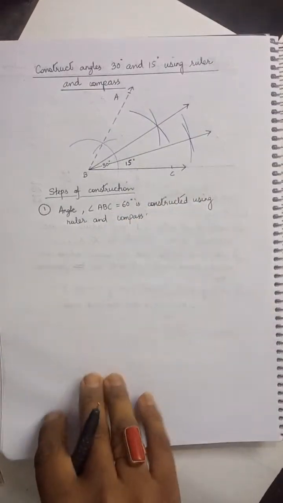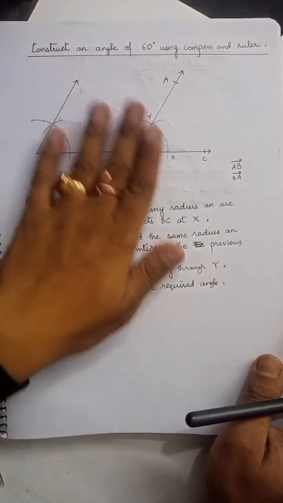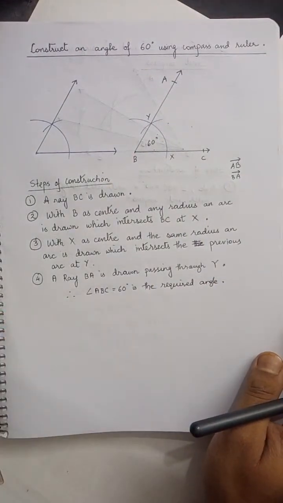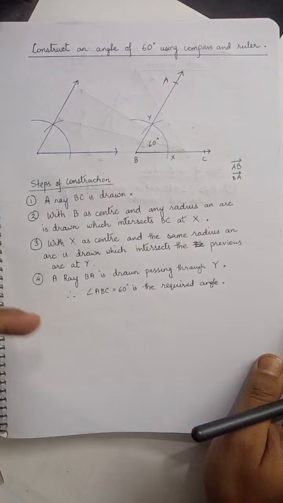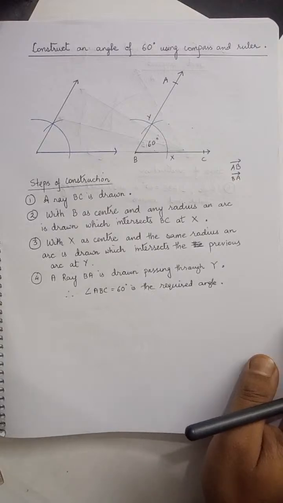If you want, you can just go back and write all the steps. Let me show you what we did. You can write all these steps that are followed for constructing a 60-degree angle. Okay, and then from step number 5 we will continue our steps for constructing 30 and 15 degree.